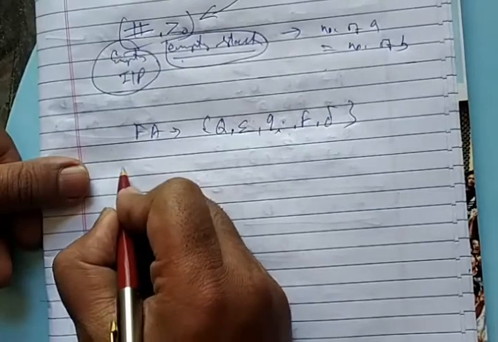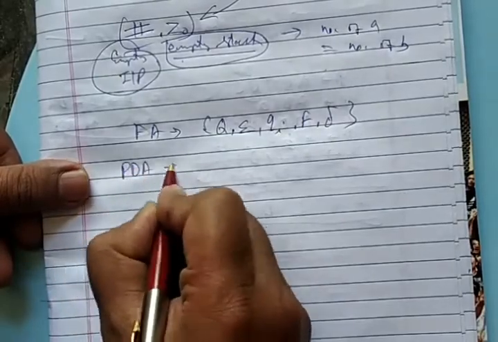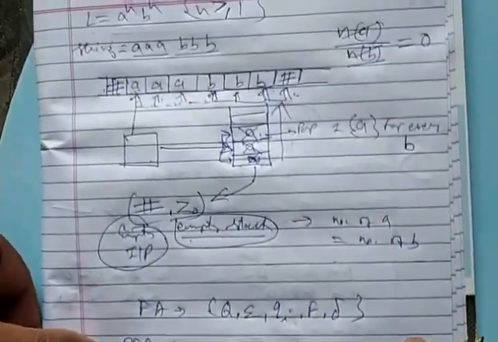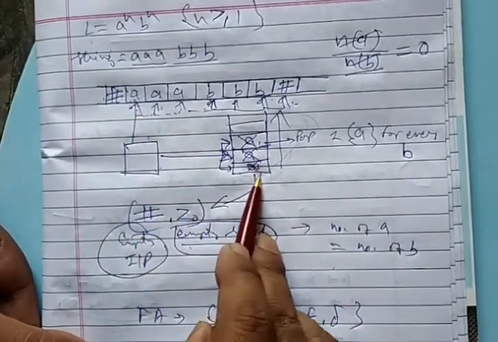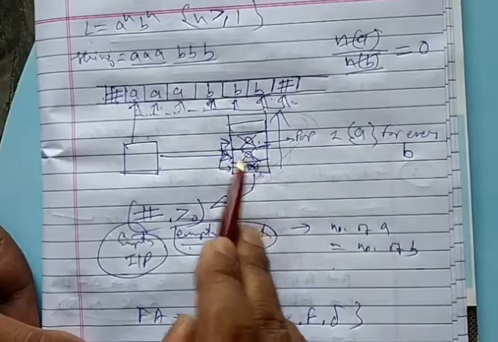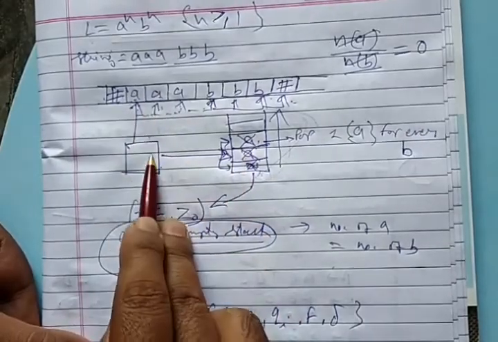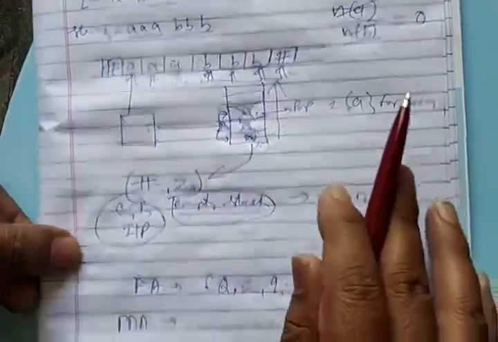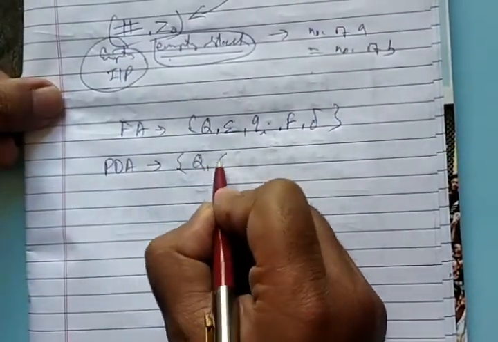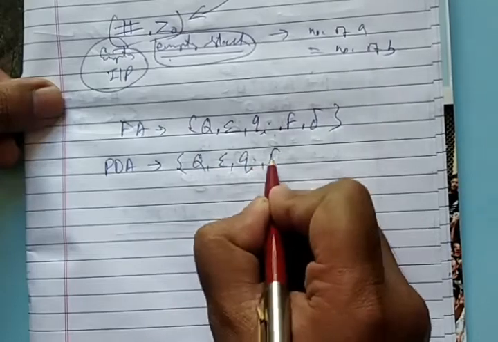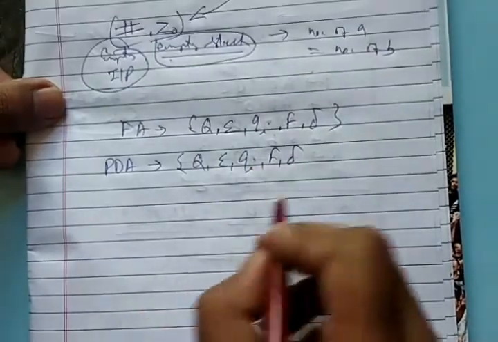Now once I talk about PDA, just focus on this. What I have done actually, I have added one stack here. Have I removed anything from here? No. So what I can do, I can straight away copy all 5 tuples.